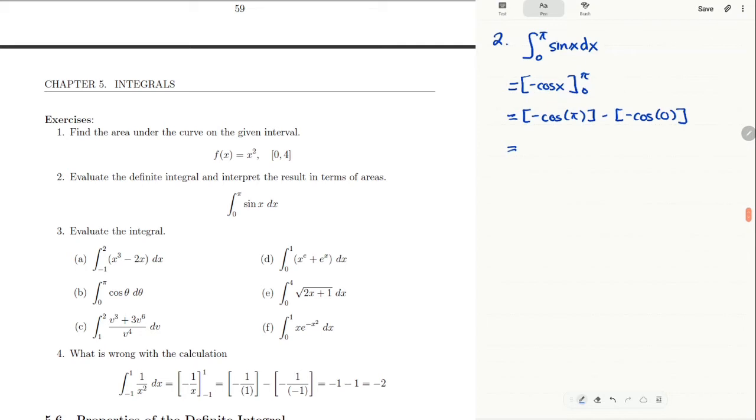So the cos of pi is equal to negative 1, so we have negative of negative 1. And we know that the cos of 0 is equal to 1, so we have minus negative 1. And this will simplify to 1 plus 1, which is equal to 2.